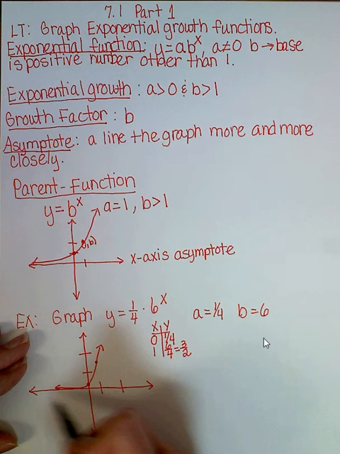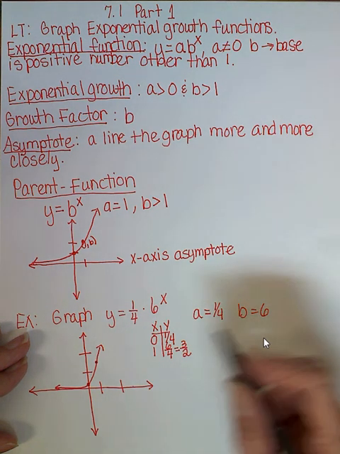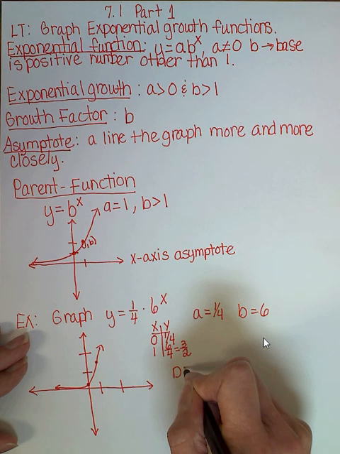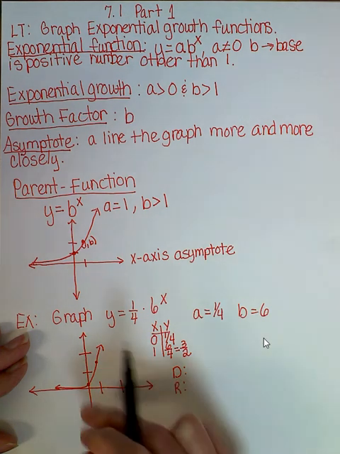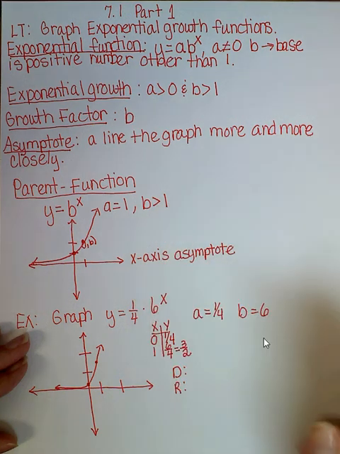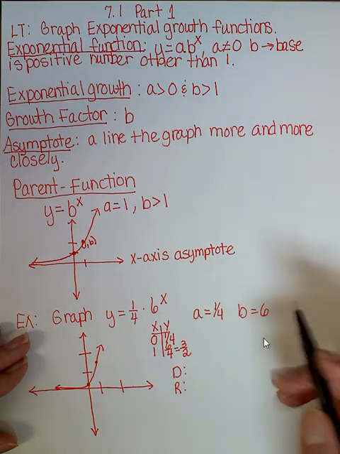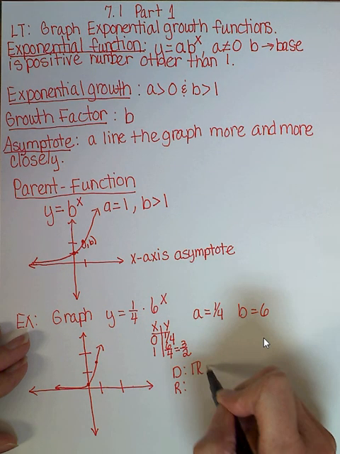So again, the x-axis is our asymptote, and we're going to talk about domain and range on all of these graphs. Domain, we're looking at the x-axis, and eventually, very slowly, this graph is going to cover the whole axis because it'll just keep spreading over the x-axis in both directions. So that will be all reals.